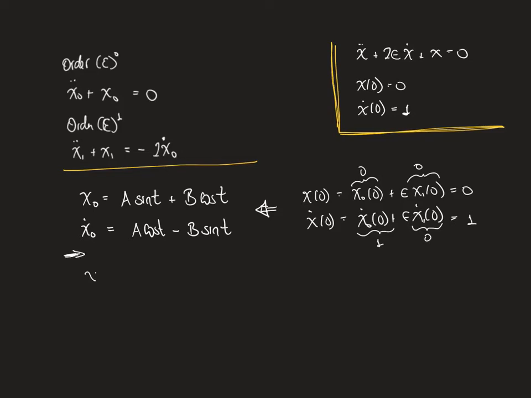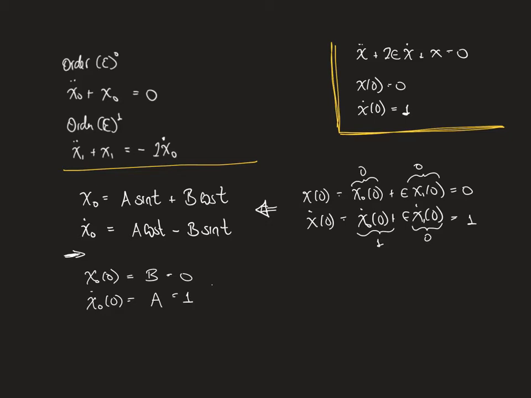Then x0 of 0 is equal to just b, and this is equal to, if you look in here, 0, and x0 dot of 0 is equal to a, and this is equal to 1.